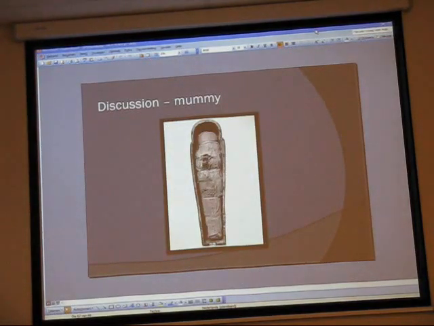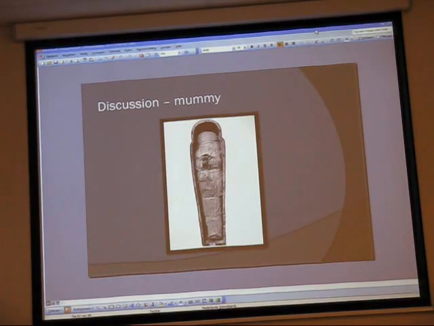Because when mummies were first discovered, the researchers did not have the techniques to properly research the mummy. So what did they do with the mummy? Did they throw it away?